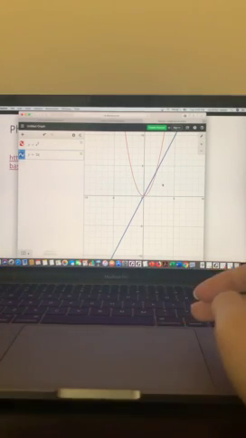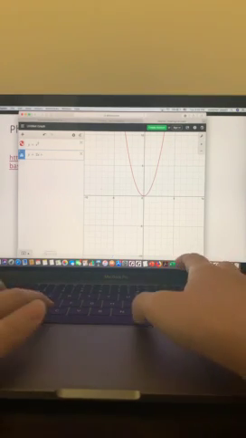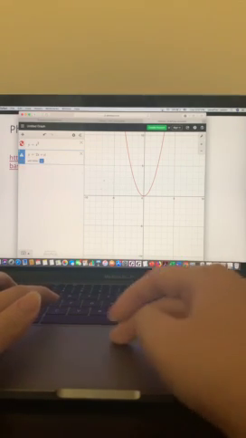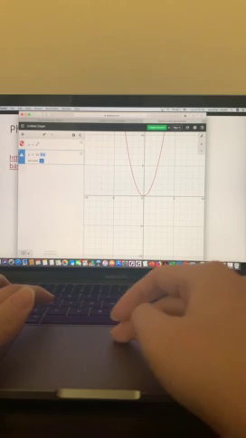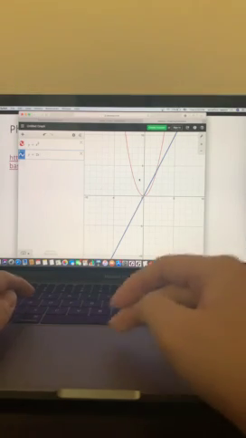It is actually more like plus c, but we don't know what c is, right? Oh wait, no, I'm sorry, I'm wrong. Yeah, so it should be like this.